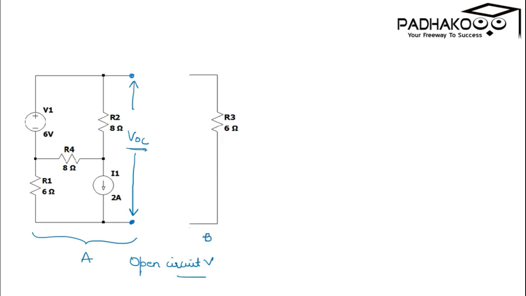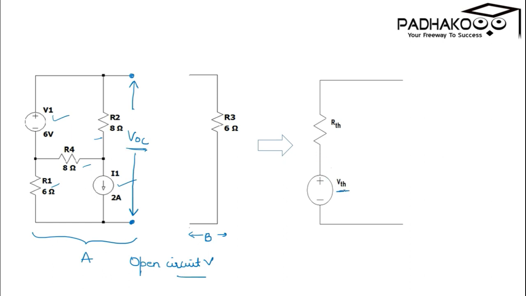Okay. So Thevenin theorem says that this complex circuit, as we can see, is a complex circuit because we have one voltage source, one current source, and three resistances in it. We can convert this complex circuit into a single circuit having a single equivalent voltage source and single equivalent resistance. So solving this question will be very easy.